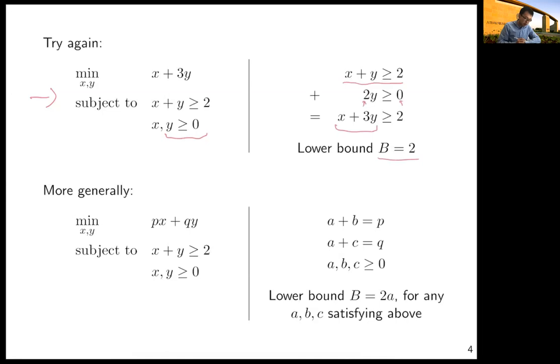And that's the optimal solution. More generally, suppose we have p and q here, so we have an arbitrary linear combination of 2 variables x and y and a set of constraints.